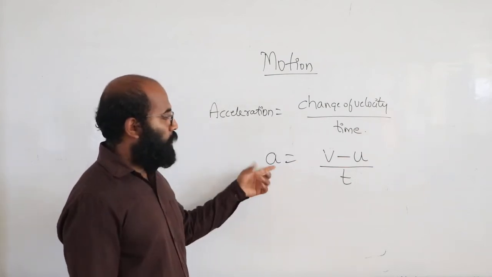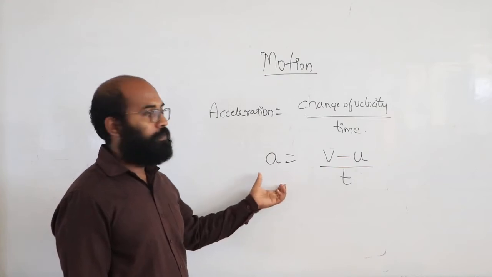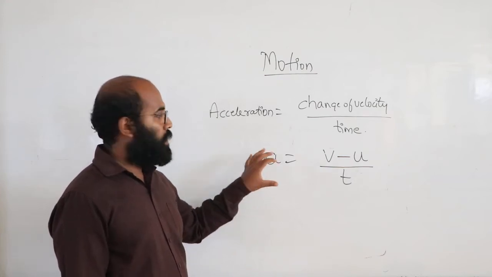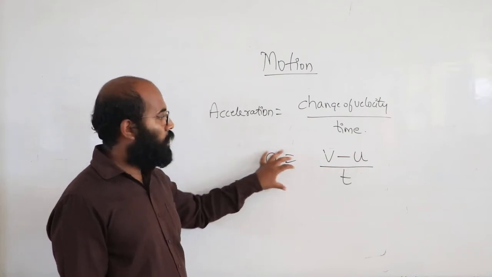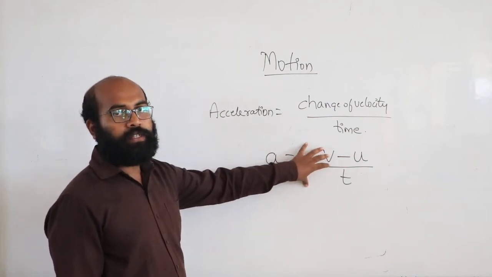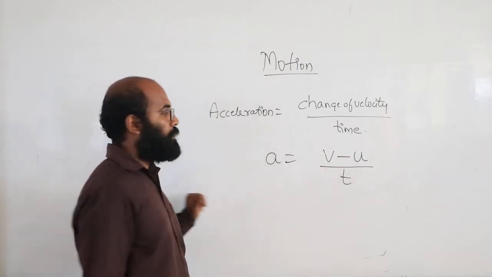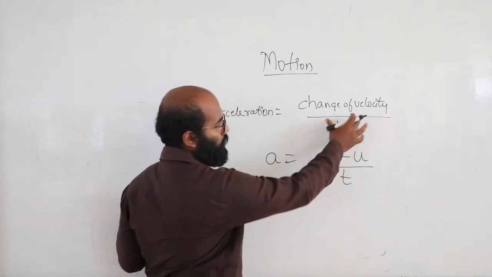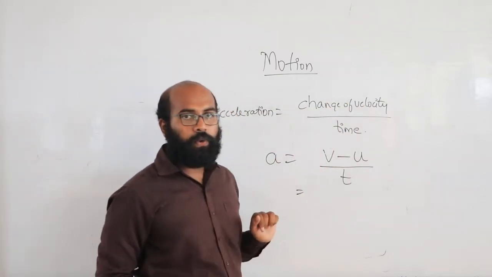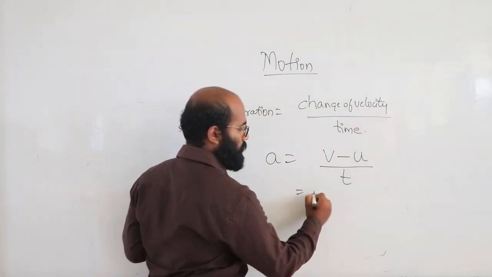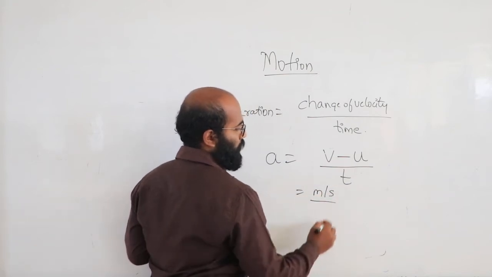If you want to know the unit of acceleration, this is important. One thing I say is, don't try to memorize all the units. If you know the formula, from this formula you can get the units of acceleration or velocity, whatever. The unit of velocity is meter per second.